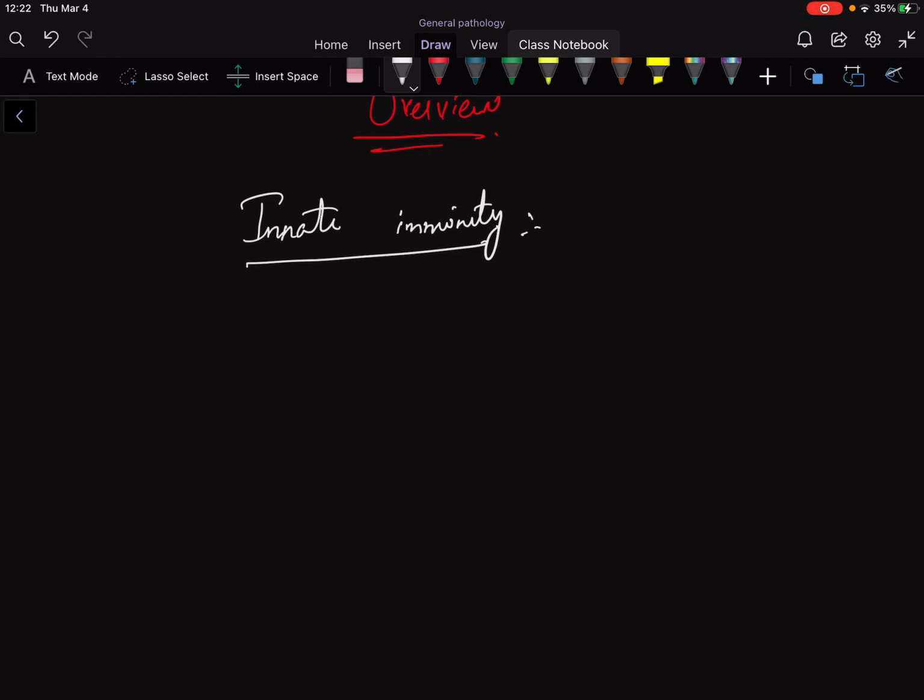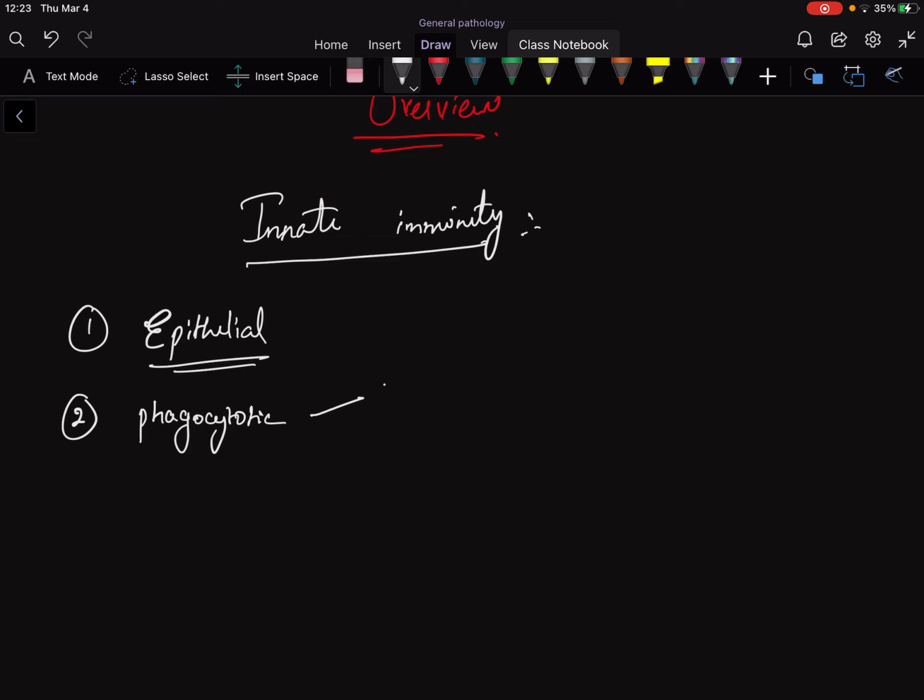The first one is epithelial cells, which are present in skin, the gastrointestinal tract and respiratory epithelium. The second one is phagocytotic cells, which include neutrophils and macrophages.